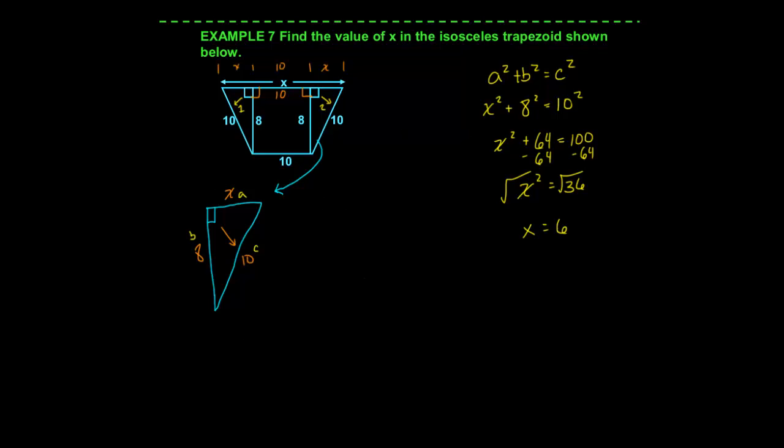So we can come over here now and we can say, well, if our X is 6, then we know that this entire length, that's what we're after. We're after the entire length, which would give us the true value, I guess, of X, this X. But the entire length, say X equals 22.